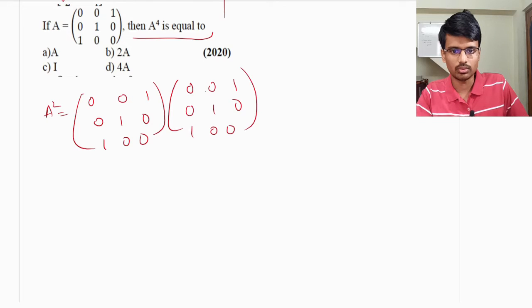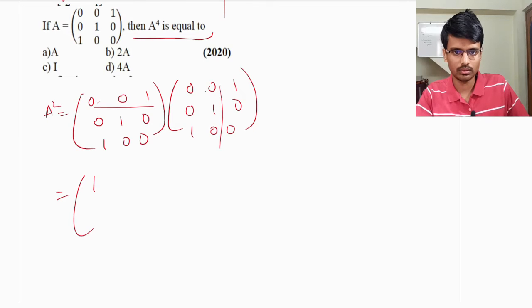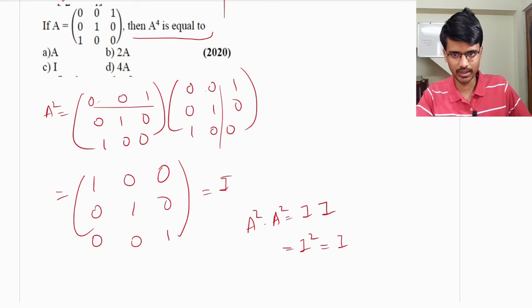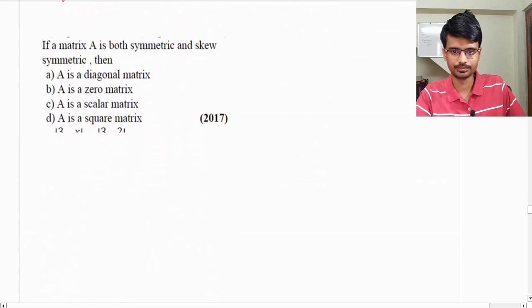So what do you get? 1 0 0, 0 1 0, 0 0 1. So I'm getting I. A square is equal to I. That means A square into A square is equal to I square. I into I is I square. I square is I. So the correct answer is option C. Simple question. Okay. Moving on.